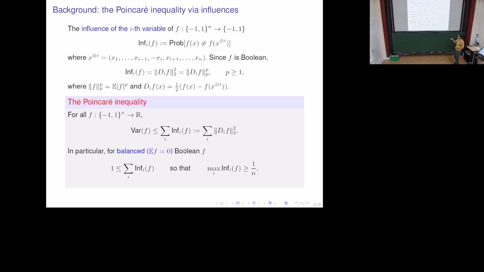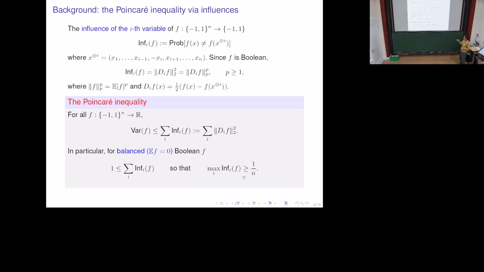Then in this case, your variance is always equal to 1. That is a lower bound of the sum of these individual influences. So as a consequence, there always exists some variable whose individual influence is at least 1 over n. This is a very simple consequence of the Bakry inequality.